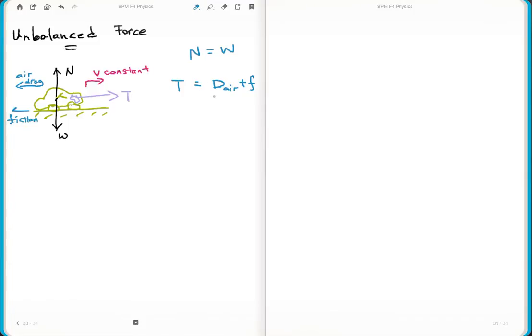I'll go more into it, but at least you know the balanced force: if it's constant, then the T to the front is equal to the drag behind. When you have acceleration a, that will be another story altogether. That will lead me to the next video, pulley system.